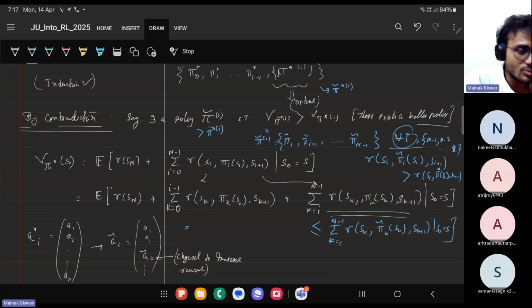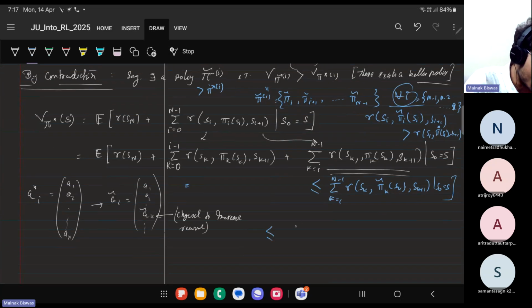Right? Which means that this is greater than v pi of pi 1, pi 2 star, dot dot dot, pi i minus 1 star, and pi tilde star, or pi tilde i.